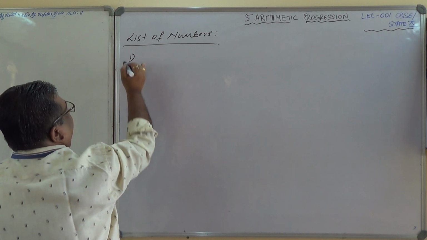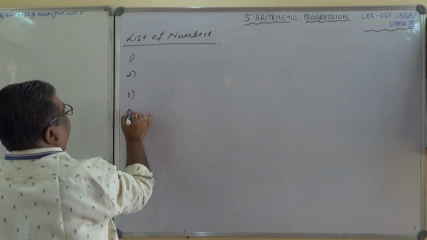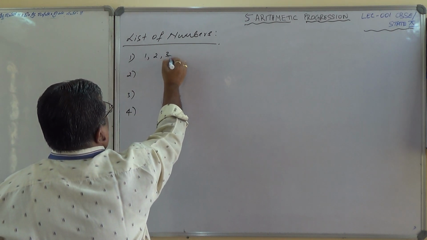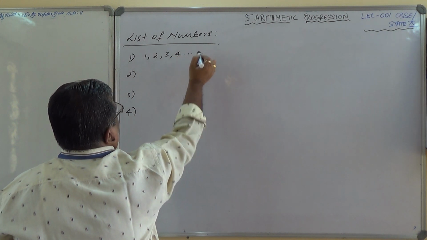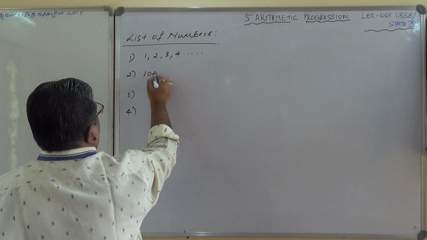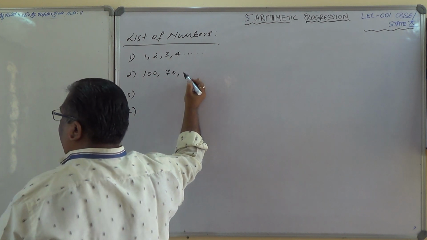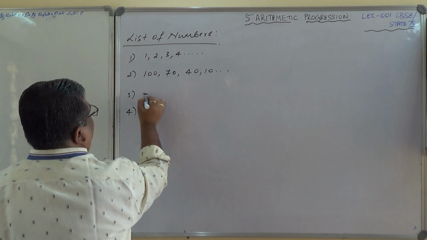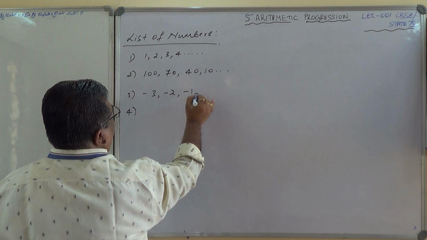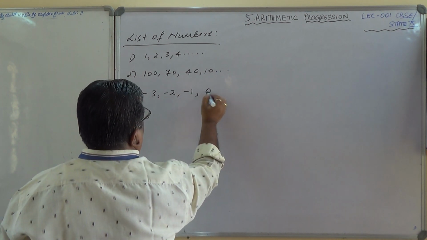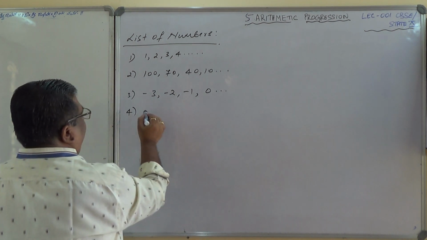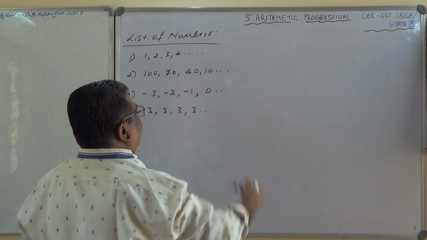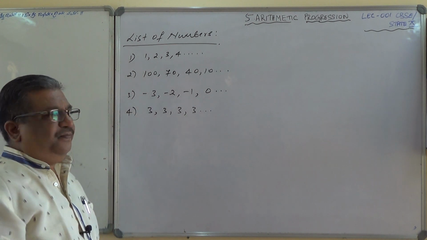Let me write 4 sets of lists of numbers. 1, 2, 3, 4, dot, dot, dot; 100, 70, 40, 10, dot, dot, dot; minus 3, minus 2, minus 1, 0, dot, dot, dot; and one more, 3, 3, 3, 3, dot, dot, dot. These dots indicate this list of numbers continues.